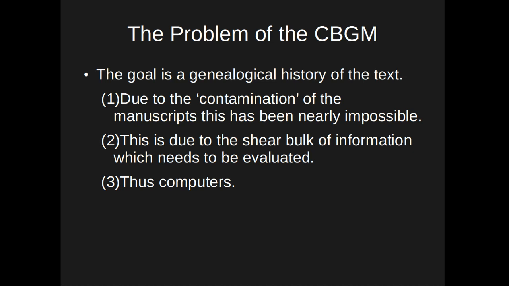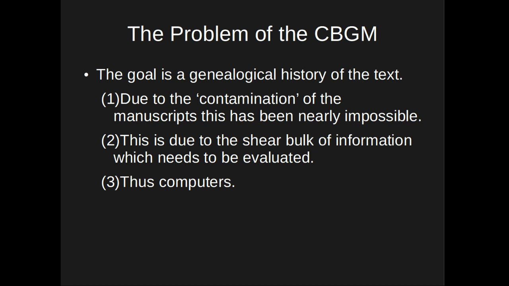In fact it's near impossible to do by hand, because of the sheer bulk of information that needs to be evaluated. And so computers have been implemented to alleviate that strain, so you don't have to do all of this by hand now.